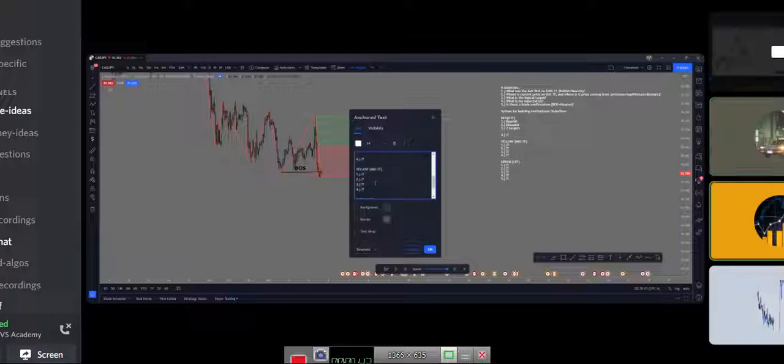Target one was to break the last lower low.